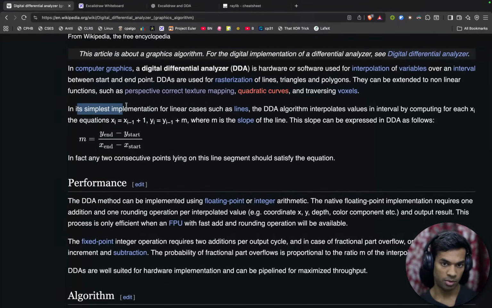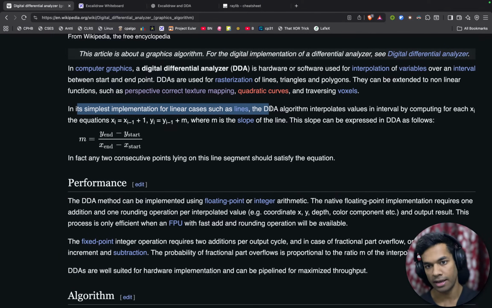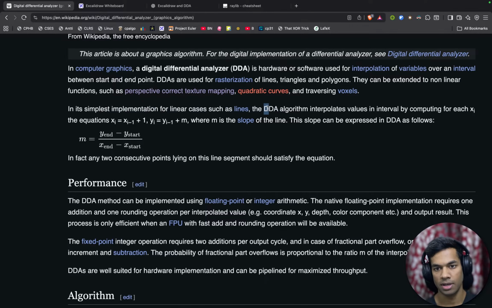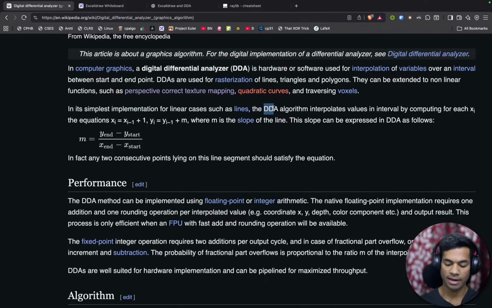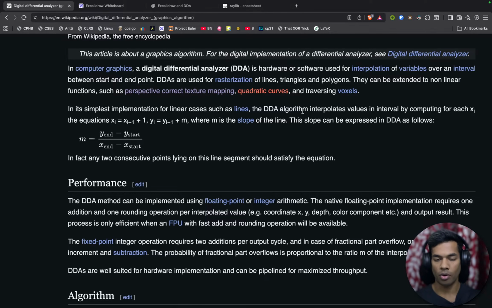In the simplest implementation for linear cases such as lines, the DDA, the digital differential analyzer, digital because I don't know why it is called digital, but differential because we are going into very points which are very close to each other, and we are predicting what the line should be, would have been, which connected those close points, right?